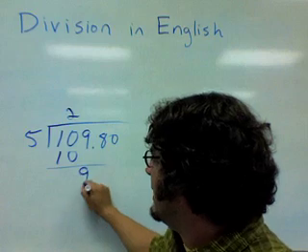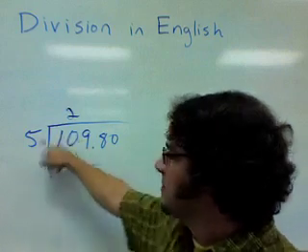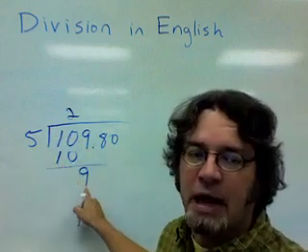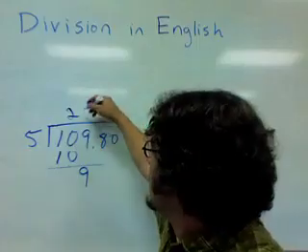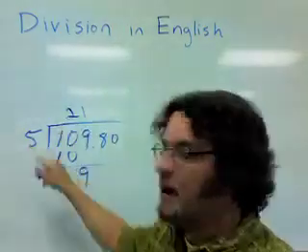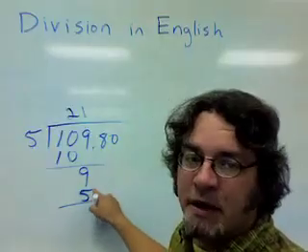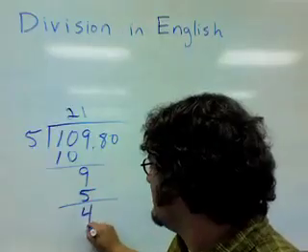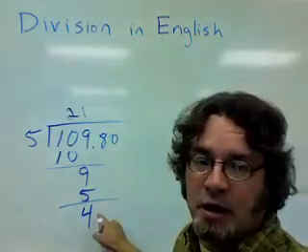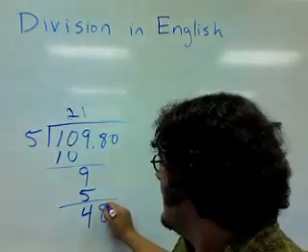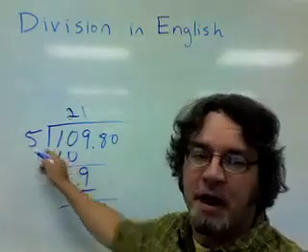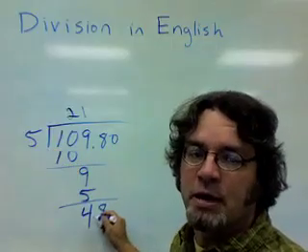Bring down the 9, how many times does 5 go into 9? It's just one time. 1 times 5 is 5. Subtract 5 from 9, you get 4. Bring down the 8, and then how many times does 5 go into 48?